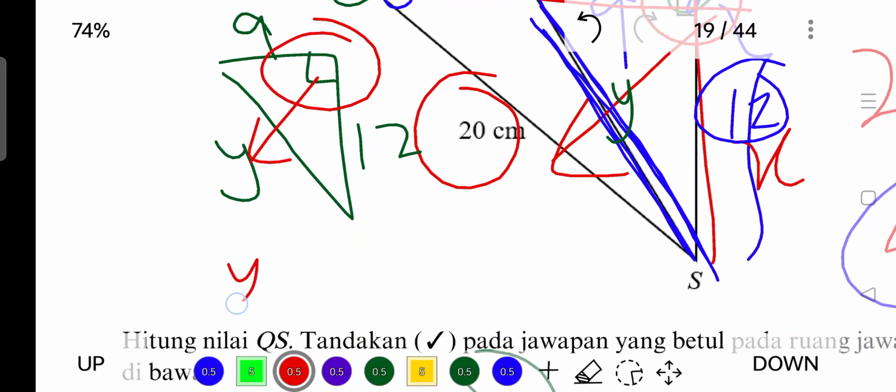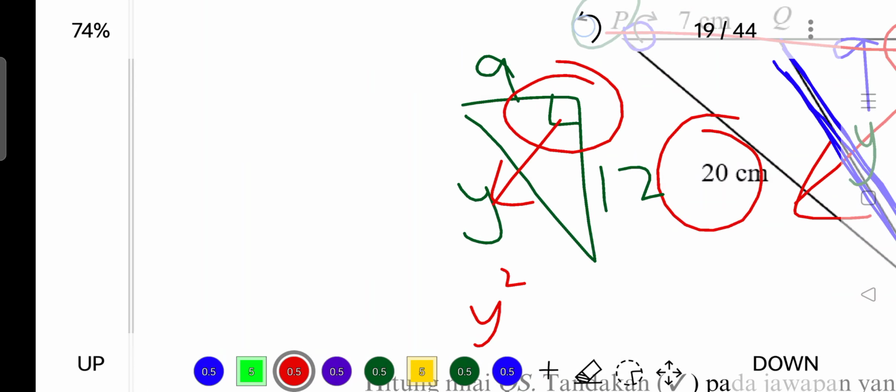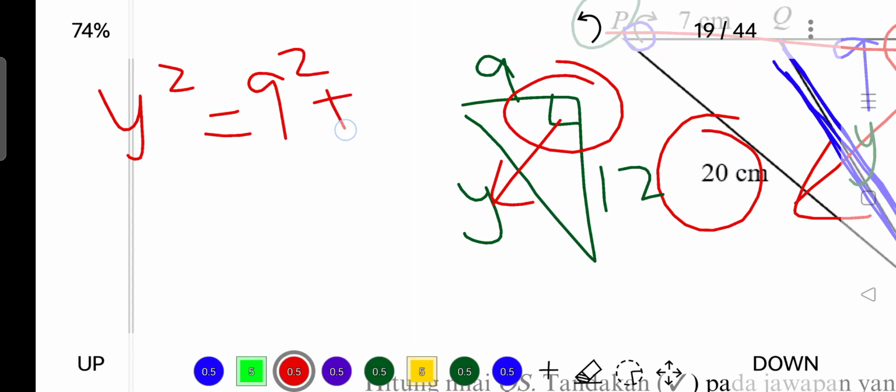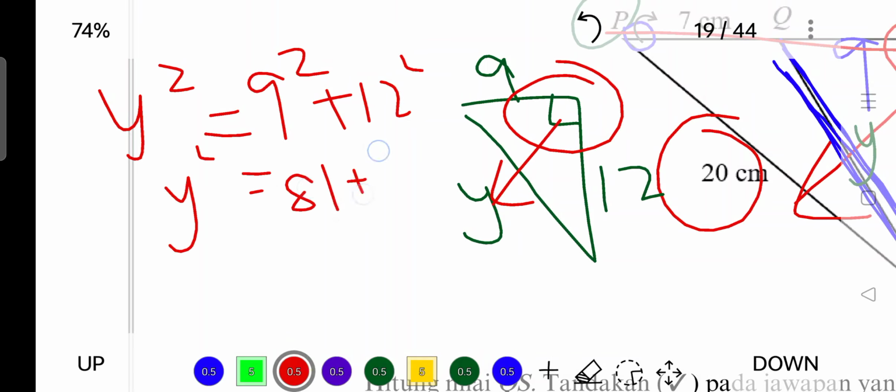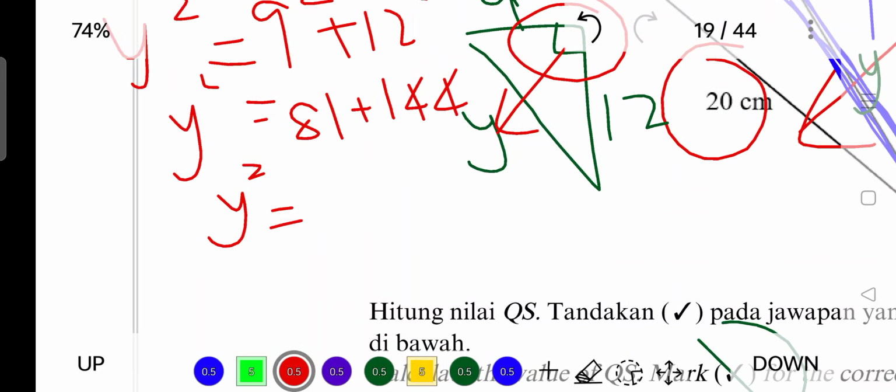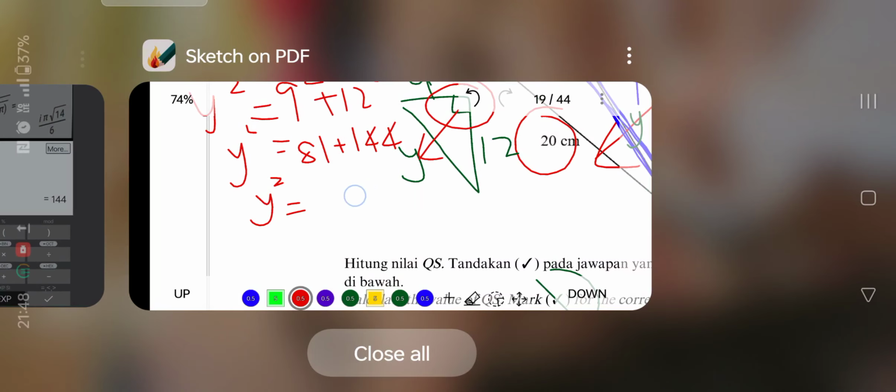This is y squared. The place here is not enough, so I just put it at the side. y squared equals 9 squared plus 12 squared. y squared equals 81 plus 144.